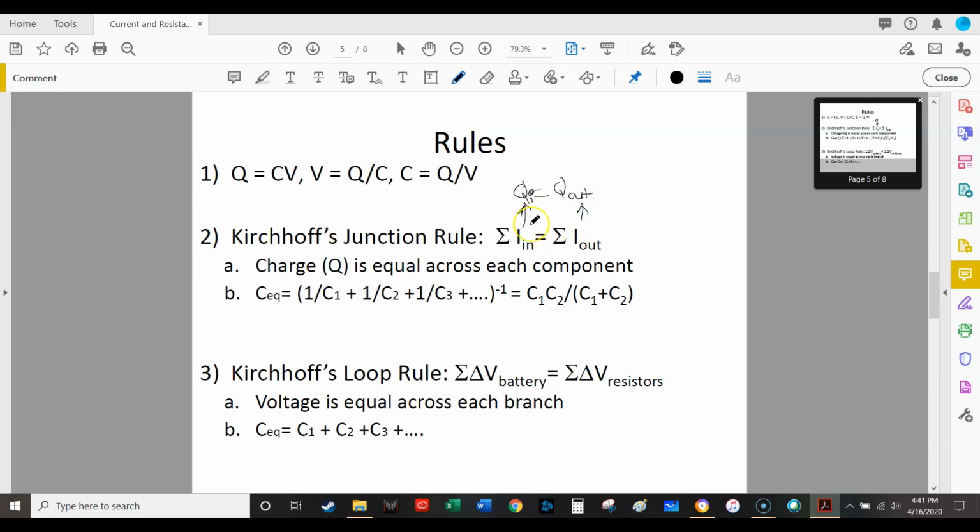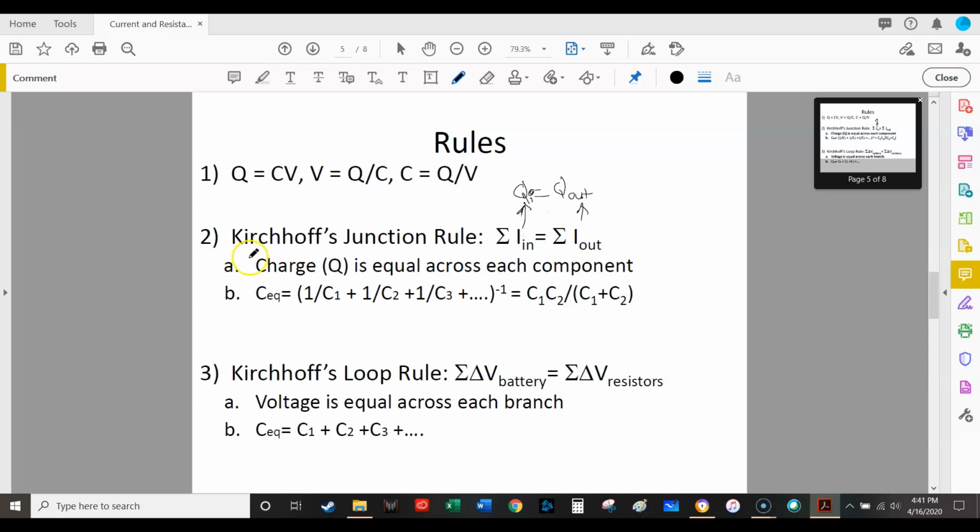That can be said since charge and current are essentially the same thing, just in opposite directions. So instead of talking about current, just think of it as charge. The charge into a junction is equal to the charge out of a junction, all right?